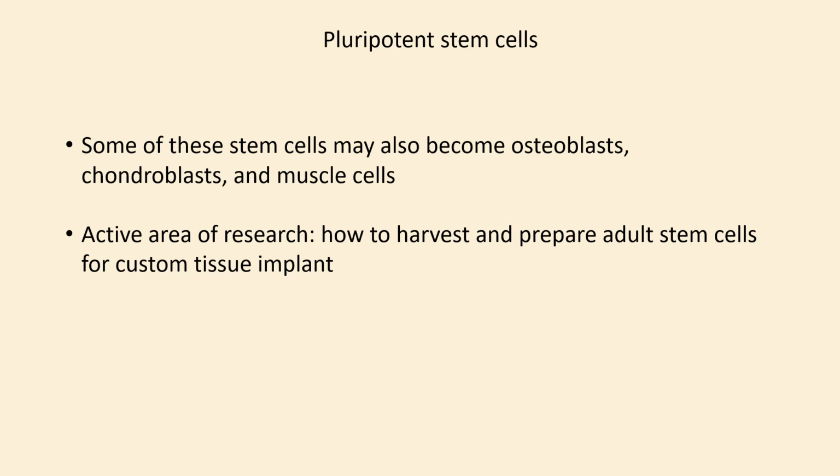Someone is less likely to reject their own cells than they are to reject cells from a donor individual. And so we can harvest these bone marrow cells and subject them to a variety of external signaling molecules and cause these pluripotent stem cells to turn into different types of cells, like skin cells or cardiac muscle cells, for example.